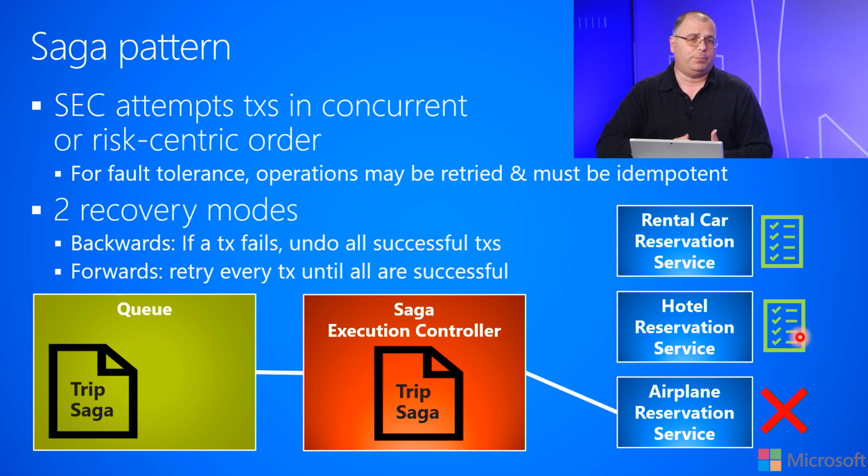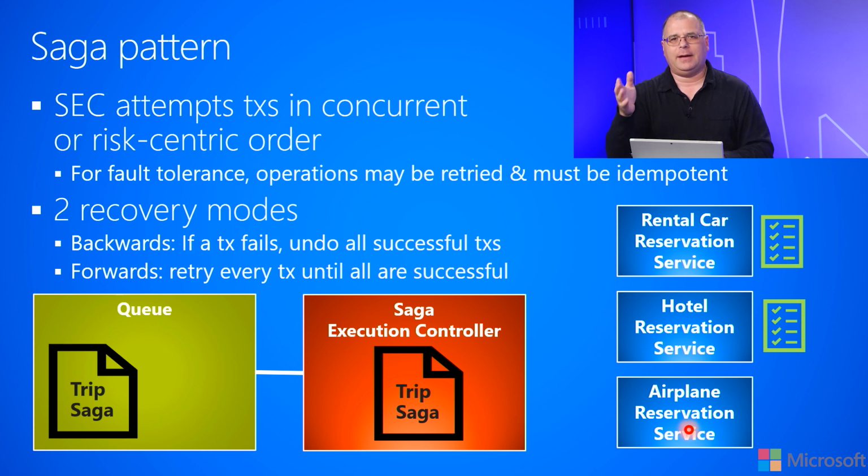But let's say the flight is booked and we can't get on the flight. So the airplane reservation service returns back and says, failure. I'm unable to do this. So now the Saga execution controller will go back to the airplane service and undo the operation. Now, you might think this is a little strange because it didn't successfully perform the operation. But this is because of retries and idempotency.